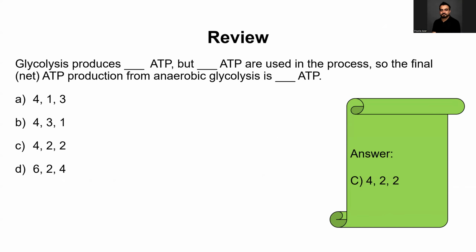So glycolysis produces 4 ATP, but 2 ATP are used in the process, so the final ATP production from anaerobic glycolysis is 2 ATP molecules. If it was glycogenolysis, it produces 3 ATP, but 1 ATP is used in the process. So the final ATP production from glycogenolysis is 3 ATP molecules.